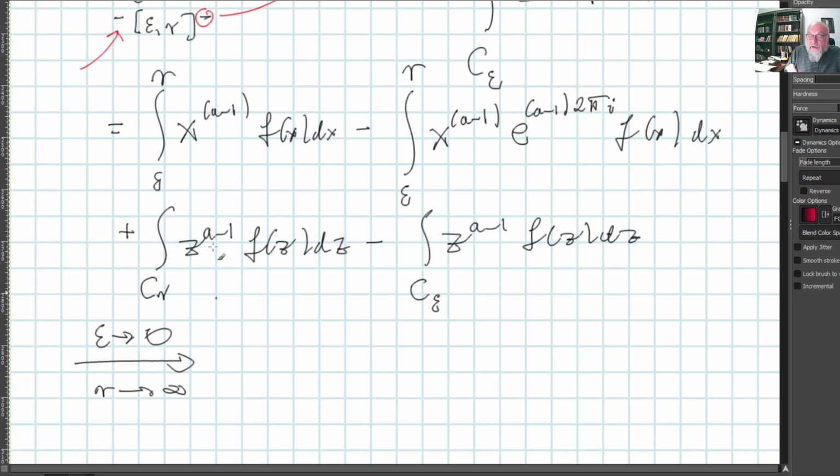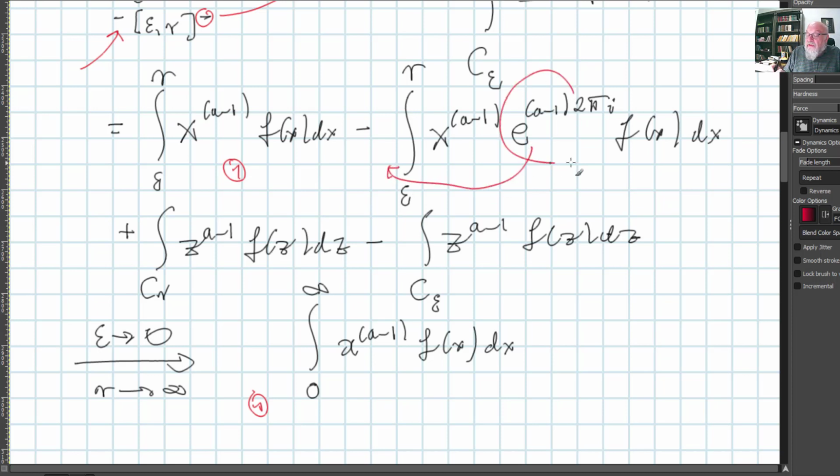So this first integral, this is my number 1, becomes simply integral from 0 to infinity x a minus 1 f of x dx. And the second one, the same, except it has a factor, which I can take out, that value, so I can put it here. This will be 1 minus e to the a minus 1, 2 pi I, and I also claim that the other 2 will give you zeros.